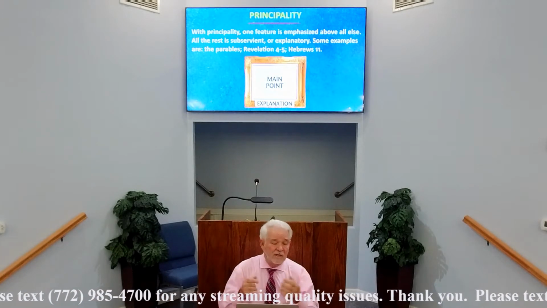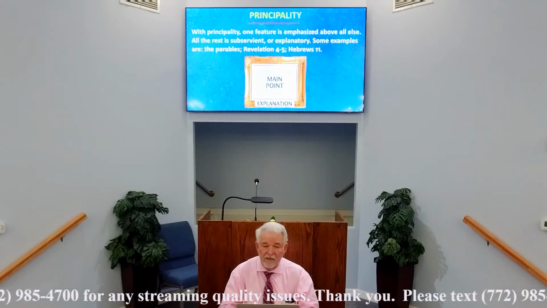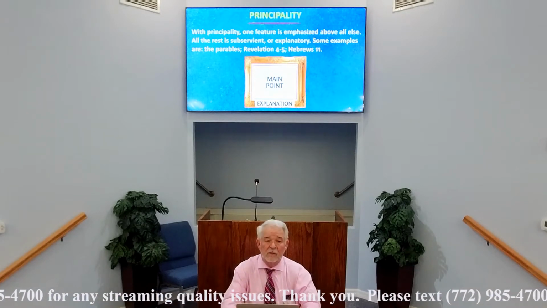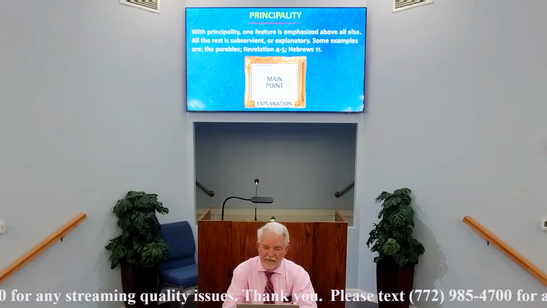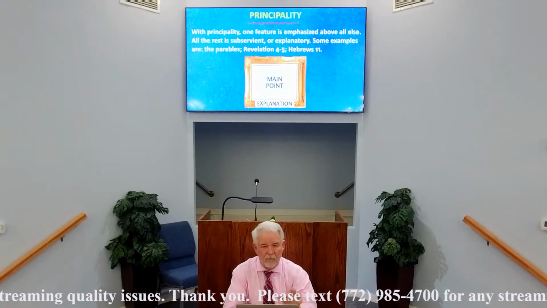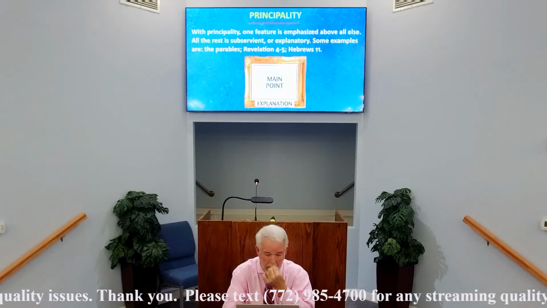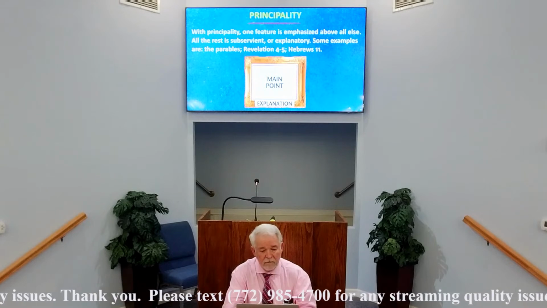We're going to briefly go over these real fast because I want to apply this and then move into the next section about how to begin to read. And that's some of the ways that God has taught our minds to put things. These are called the laws of composition.